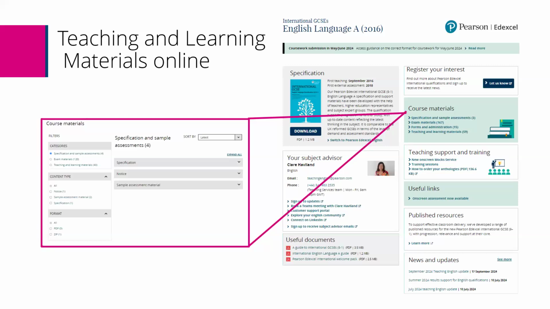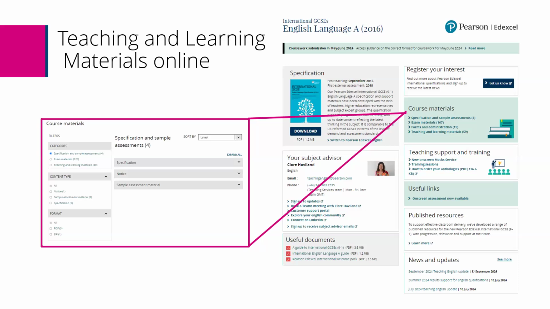So this is where you'll find the teaching and learning materials. You can see here on the right-hand side, this is the landing page for Spec A. You've got specification and sample assessments, and the latest edition of those there. You've got exam materials, 167 pieces of exam materials.